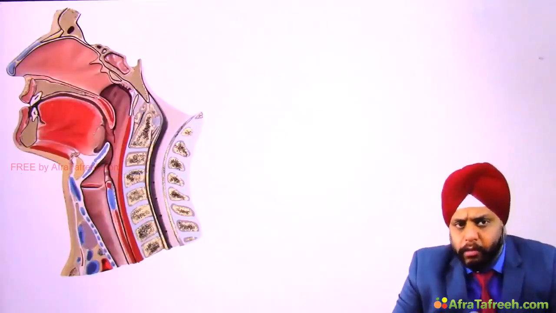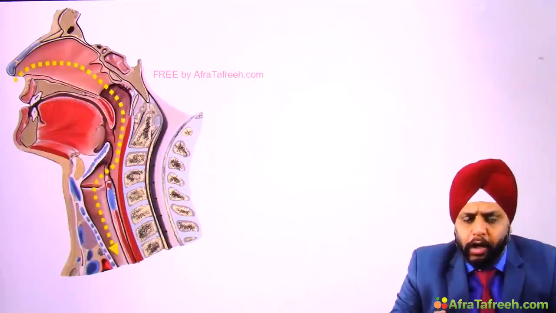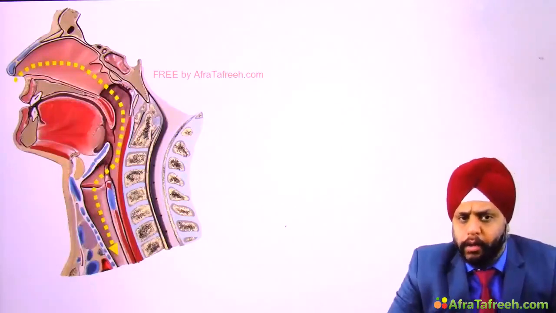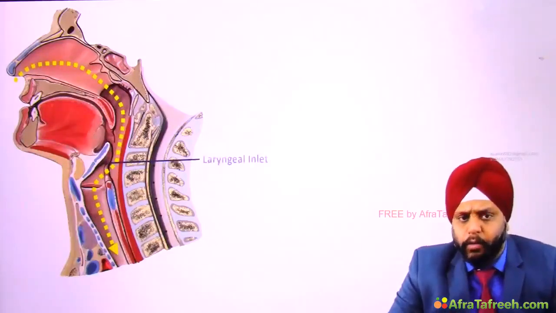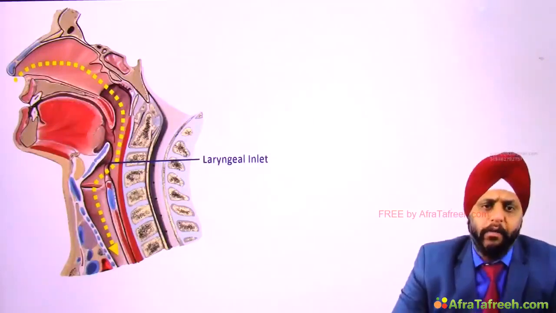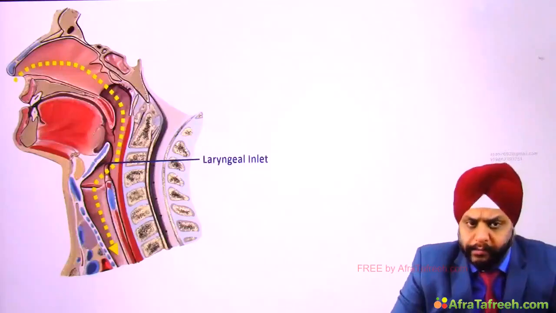The air goes from the nasal cavity to the pharynx, and from the hypopharynx it enters into the larynx and then into the trachea. This place is the laryngeal inlet, the place where the air enters into the larynx.